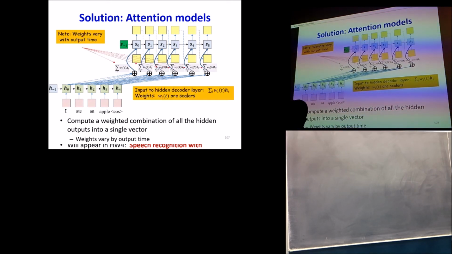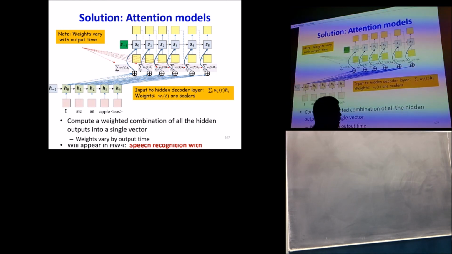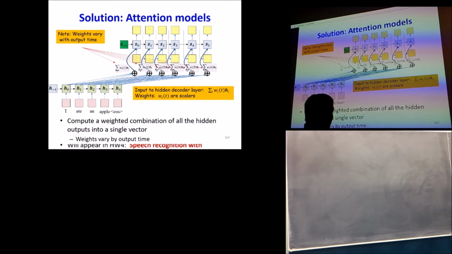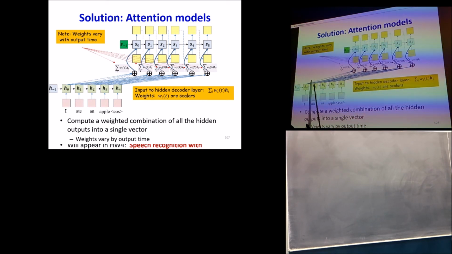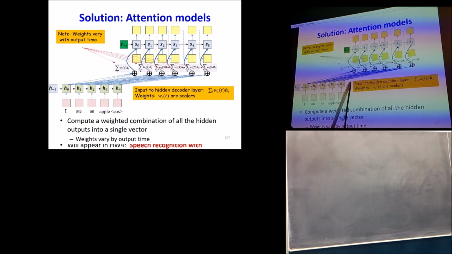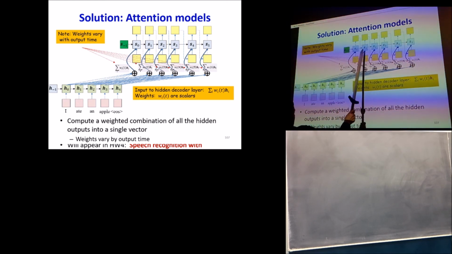So note again that the weights vary with output time. The input to the hidden decoder layer at any output time is now a weighted combination of all of these hidden representations. These weights are scalars. Basically, you're multiplying each of these by a number and then adding the whole lot. It's just that the set of numbers is going to be different for each time.